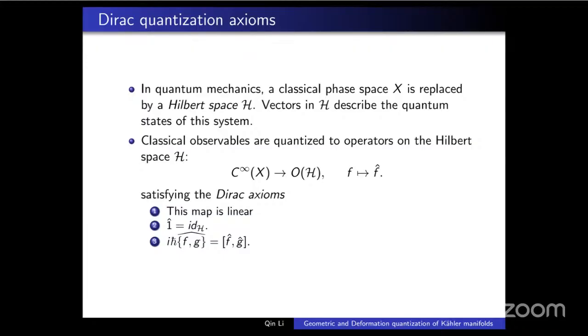And the third one is the most important one: i times h bar, that's the formal variable, times the operator corresponding to the Poisson bracket of two functions f and g should be equal to the commutator of the corresponding operators f hat and g hat. So this is called Dirac's axioms.